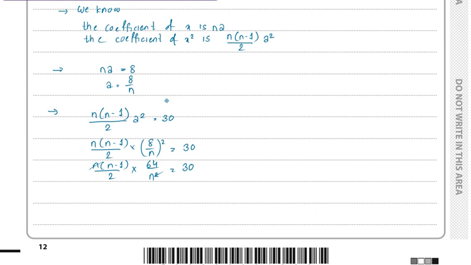And also 64 is divisible by 2, so this would be 2 and this would be 32, since 32 multiplied by 2 is 64. So this would turn out to be 32 multiplied by n minus 1 divided by n is equal to 30.